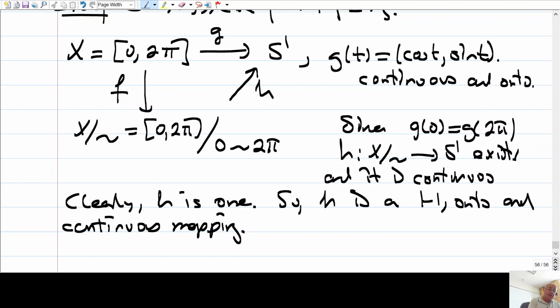Again, we will see later that by the compactness of X over tilde, well, actually this set is compact, therefore its image is a compact space, compact and Hausdorff. Therefore, a one-to-one and onto continuous map has to be a homeomorphism.